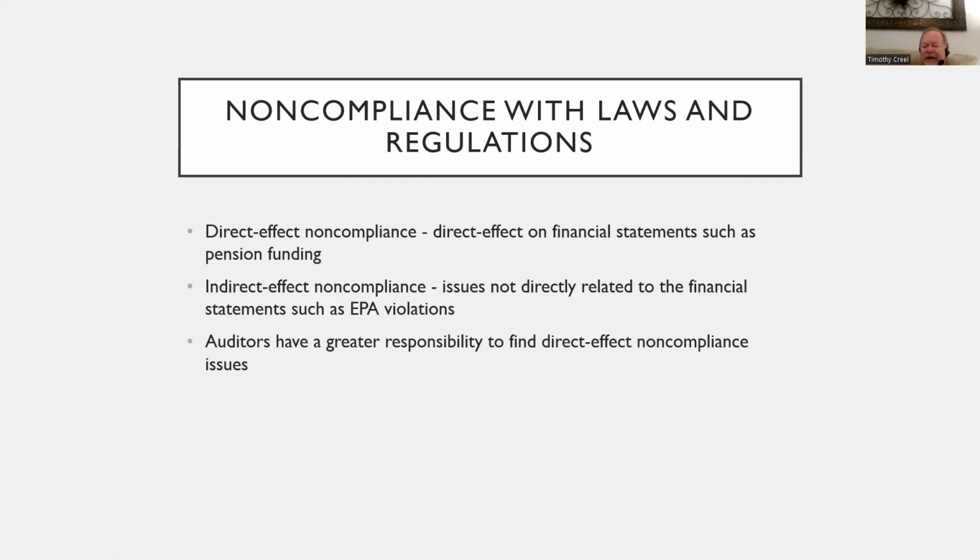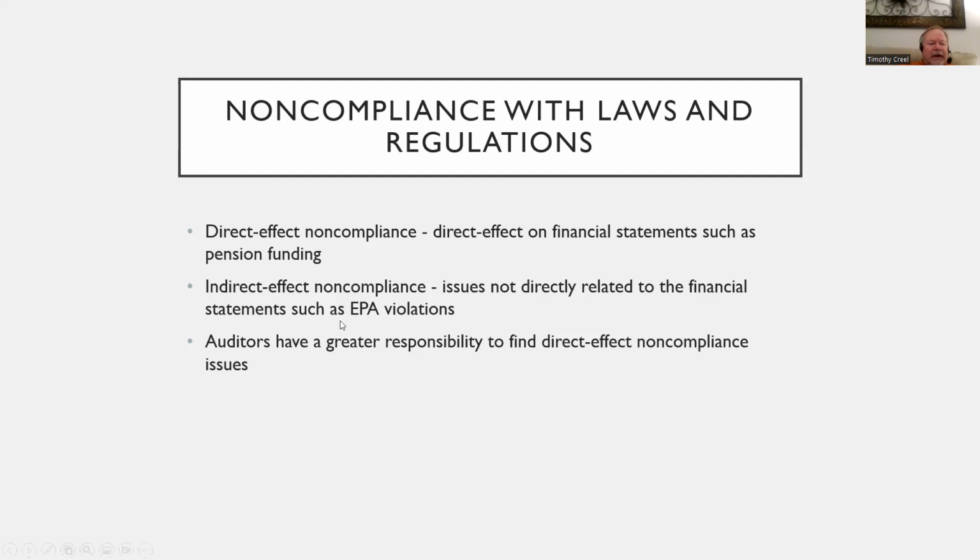This is definitely something you'd report because if they had a problem with pension funding, it would affect not only their pension fund, but also the amount of cash and other resources they have to put into that fund. So that would have a direct effect on the financial statements, and you would report it in your findings.